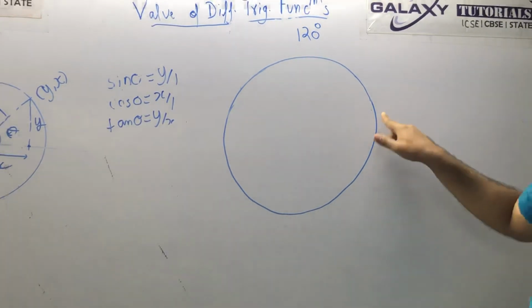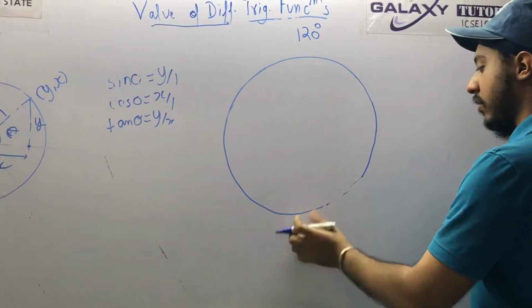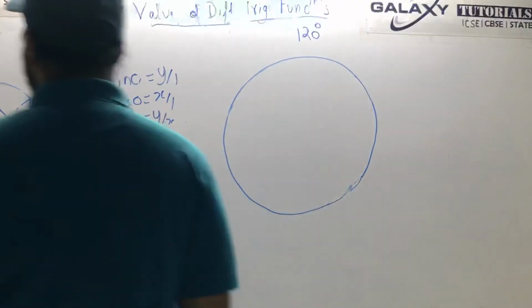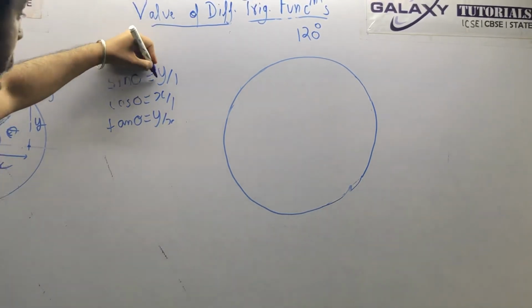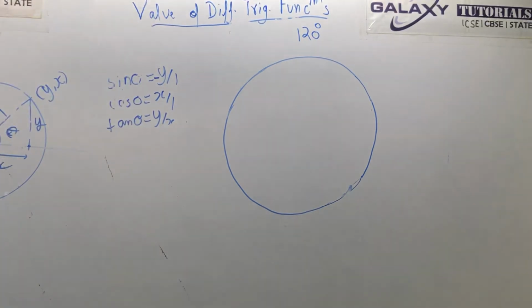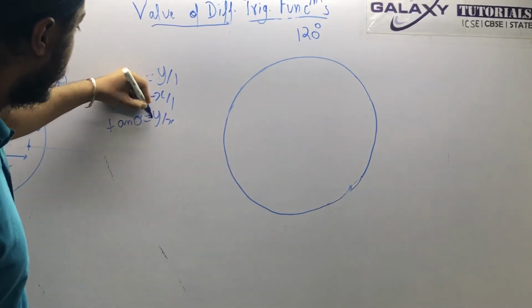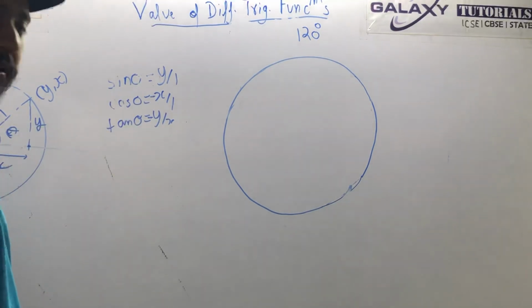Now one thing I wanted you to remember is, in this case we are talking about which quadrant here? The second quadrant. So the general formula that we derived was, sine will be positive, and cos and tan will be negative.